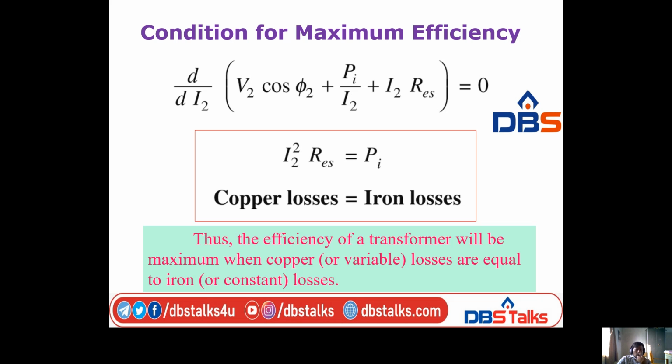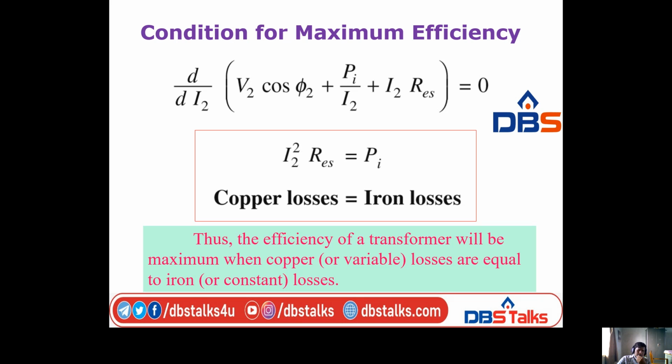Now coming to the second term, Pi by I2: the derivative of 1 by I2 is minus 1 by I2 square, so minus Pi by I2 square, plus the third term I2 R equivalent, whose derivative is R equivalent, that is R02. So minus Pi by I2 square plus R02 equals 0. Then shifting the minus Pi by I2 square to the other side, Pi is equal to I2 square R02.